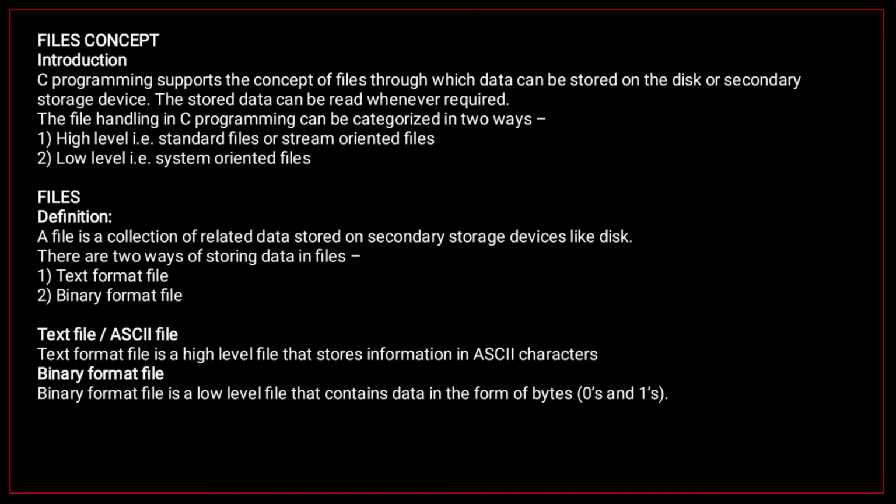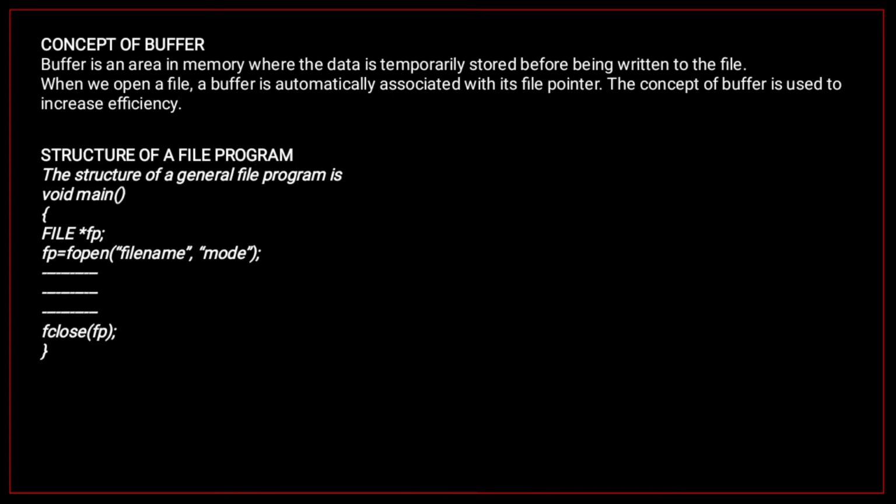Now next is the concept of buffer. A buffer is an area in memory where the data is temporarily stored before being written to the file. When we open a file, a buffer is automatically associated with its file pointer. The concept of buffer is used to increase efficiency.